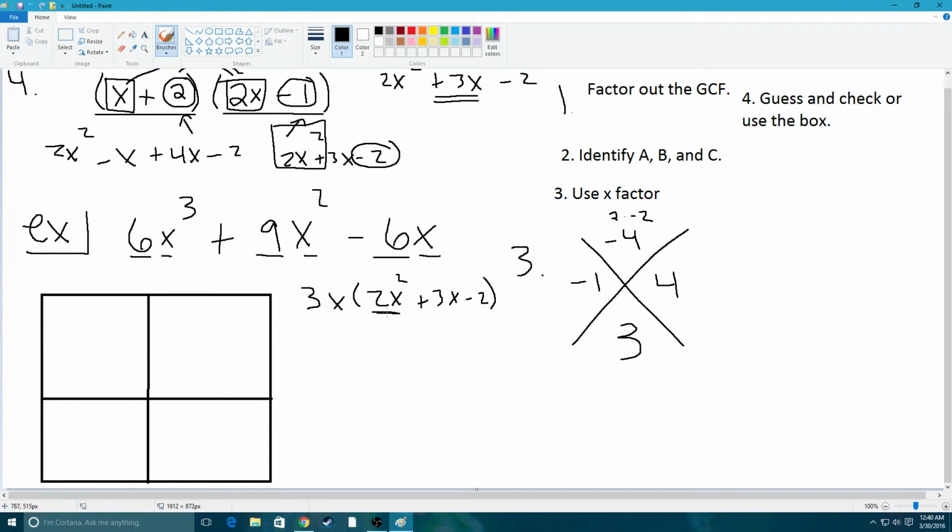So you take the first term in your trinomial and you put that in the top left. 2x squared. The last term goes over here. And then these numbers that you get from your extreme x factor, these guys go in these boxes.